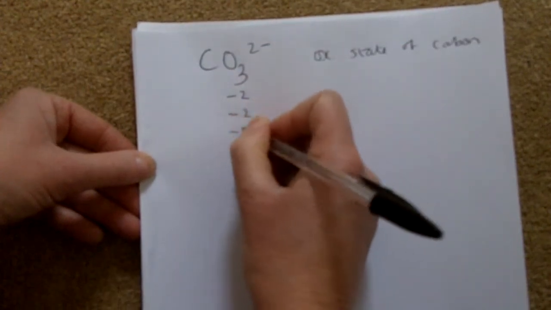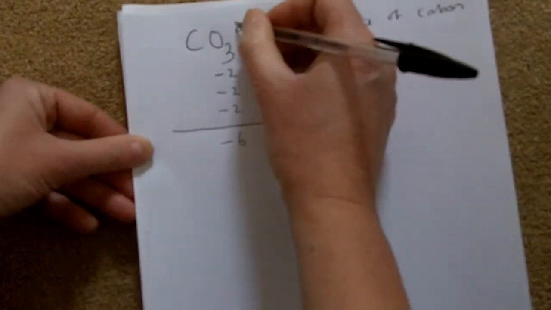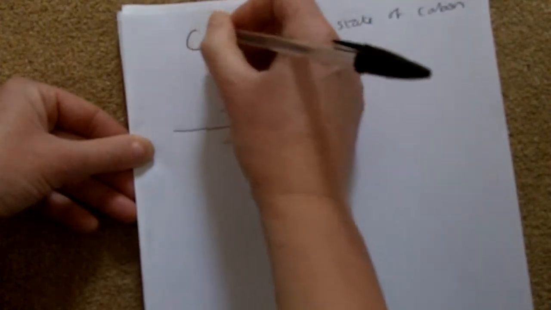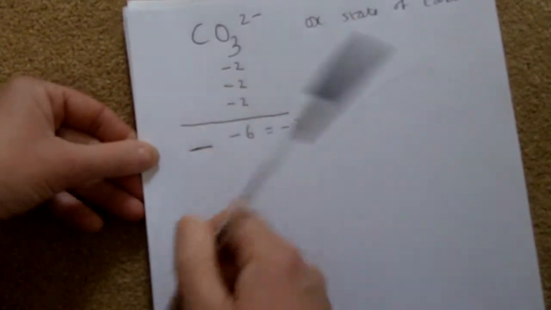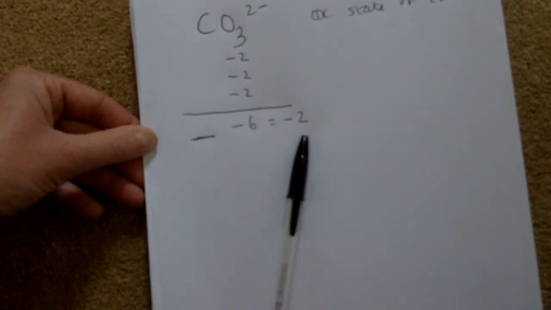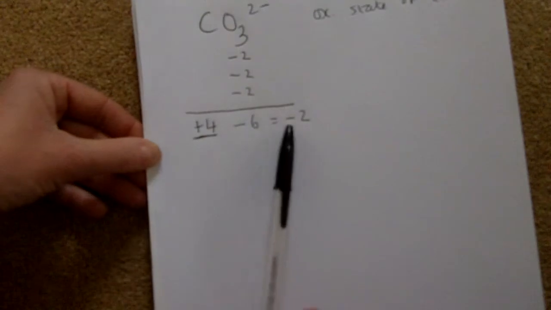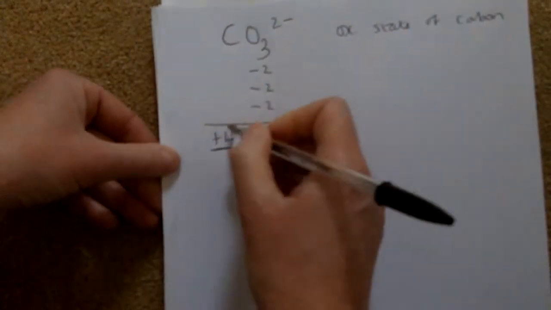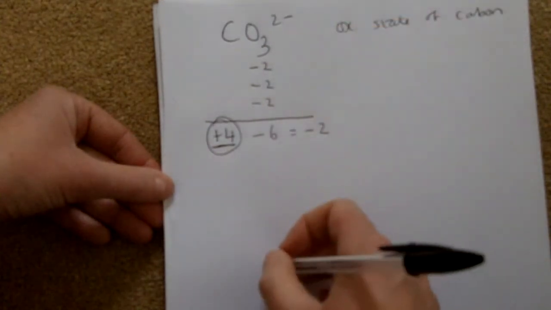There's 3 of them, so that totals -6. It has to equal the overall charge on the ion, which is -2. So carbon something -6 equals -2. So if you have +4, 4 minus 6 equals -2. The oxidation state of carbon is +4. So it has to add up to the charge on the ion.